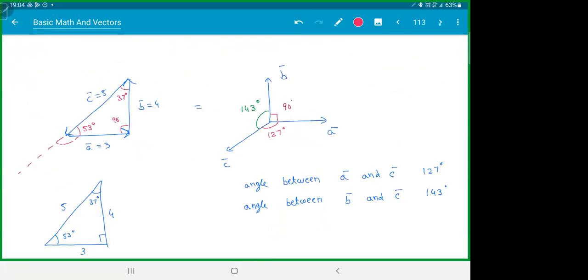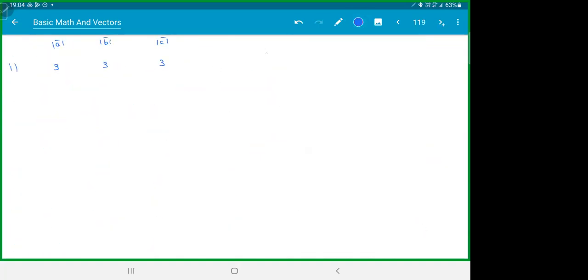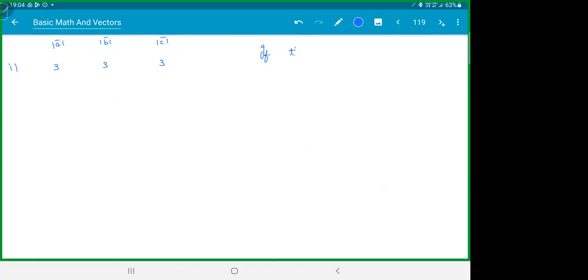Now, if I give you 3 sides, what is the condition for a triangle? The sum of 2 sides should be greater than the third side. Perfect. If the 3 sides can form a triangle, the resultant will be 0.